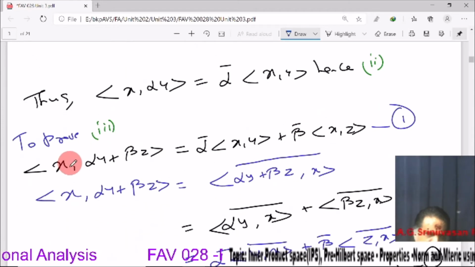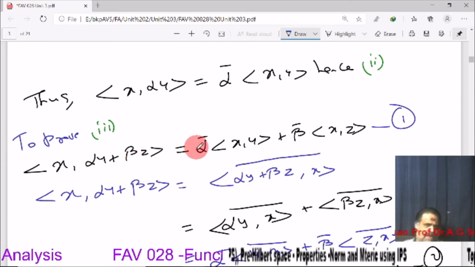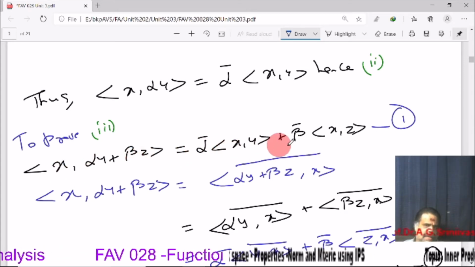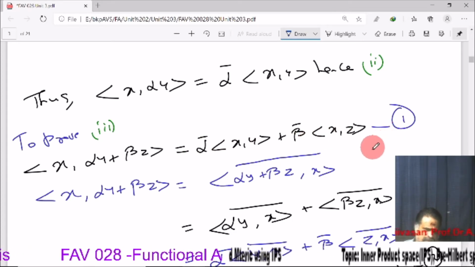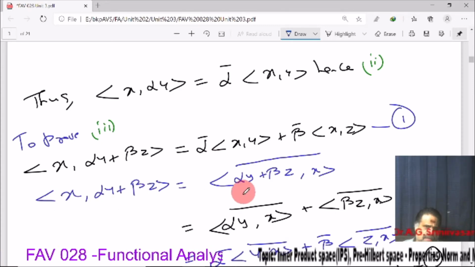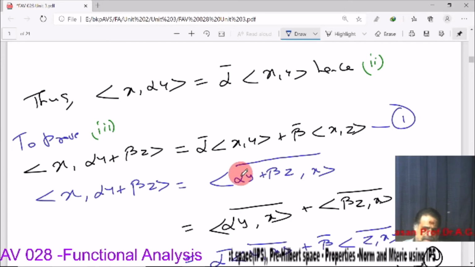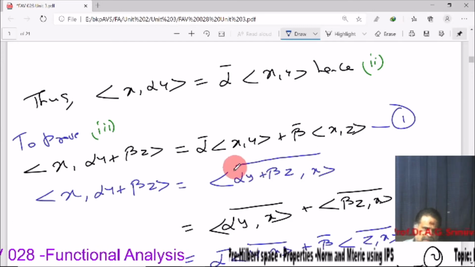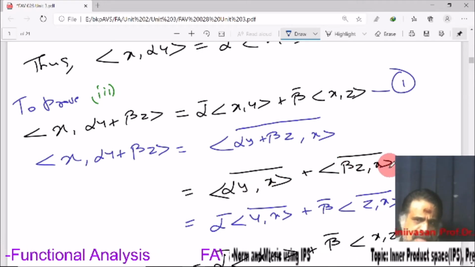Now to prove the third, which is x comma alpha y plus beta z equals alpha bar xy plus beta bar xz, it's a combination of the first two properties. How to do it? x comma alpha y plus beta z is equal to alpha y plus beta z comma x, the whole bar. So I can divide it into two parts in the first component: alpha y comma x bar, beta z comma x bar.